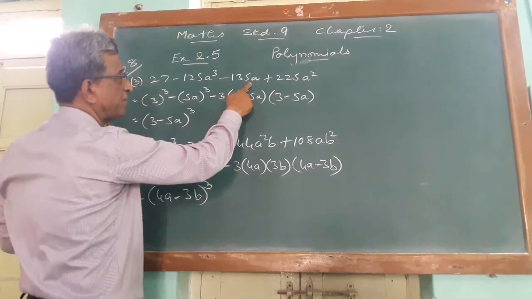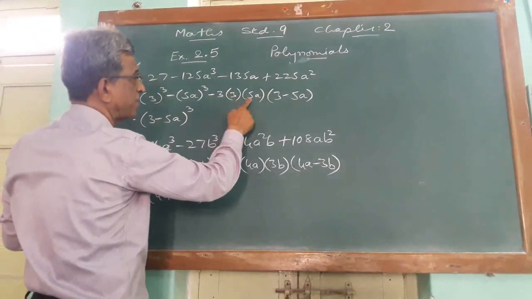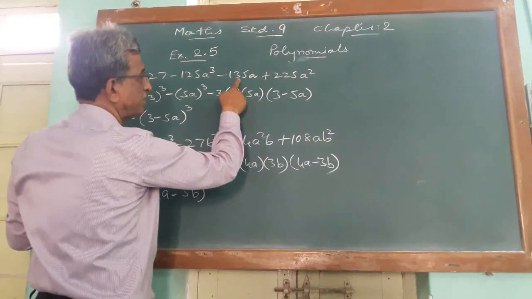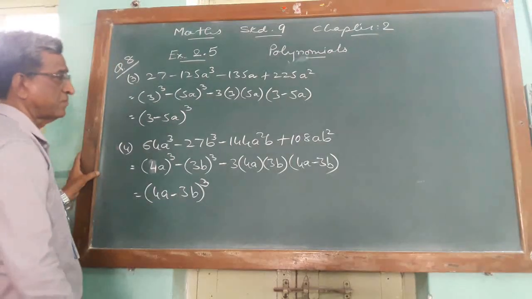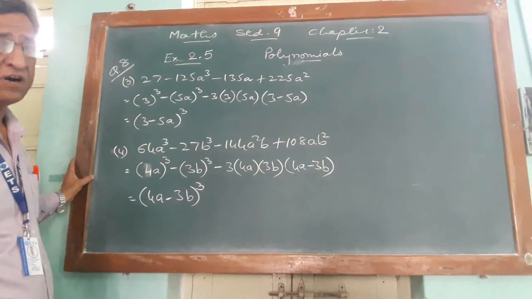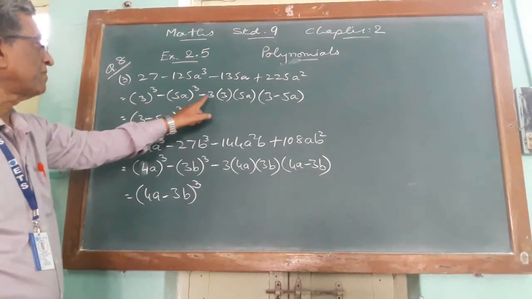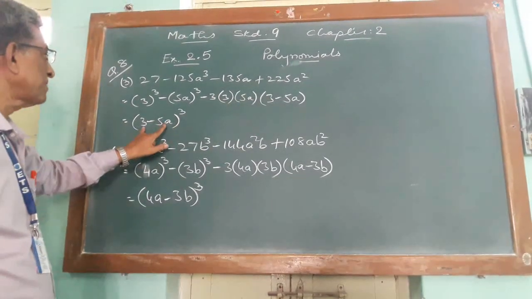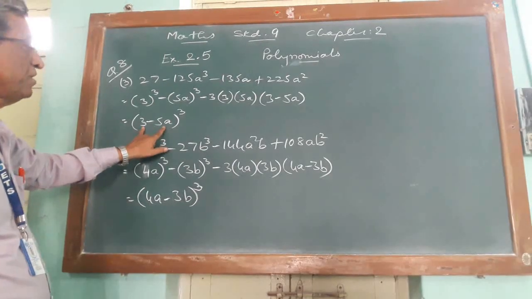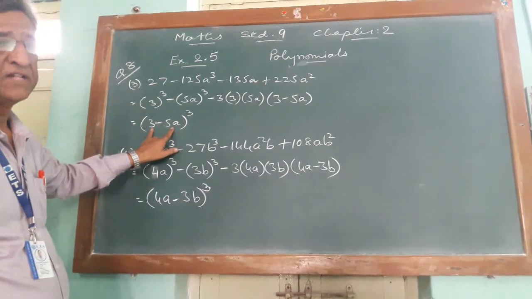Instead of 135 you will get 3 3s are 9, 5s are 45, 3s are 135 and 45 5s are 225. So this becomes of the form a cube minus b cube minus 3ab into a minus b gives you a minus b whole cube, that is 3 minus 5a whole cube. Answer.